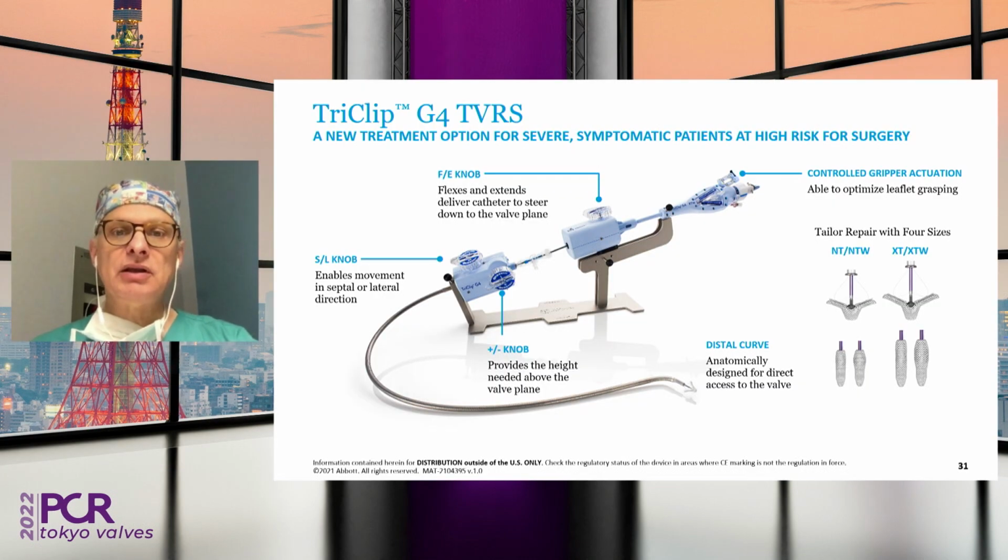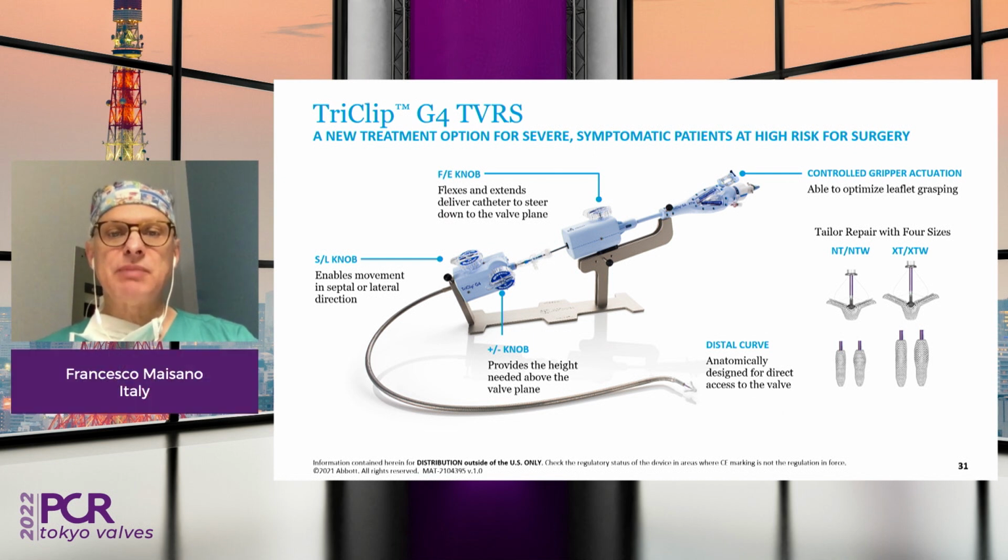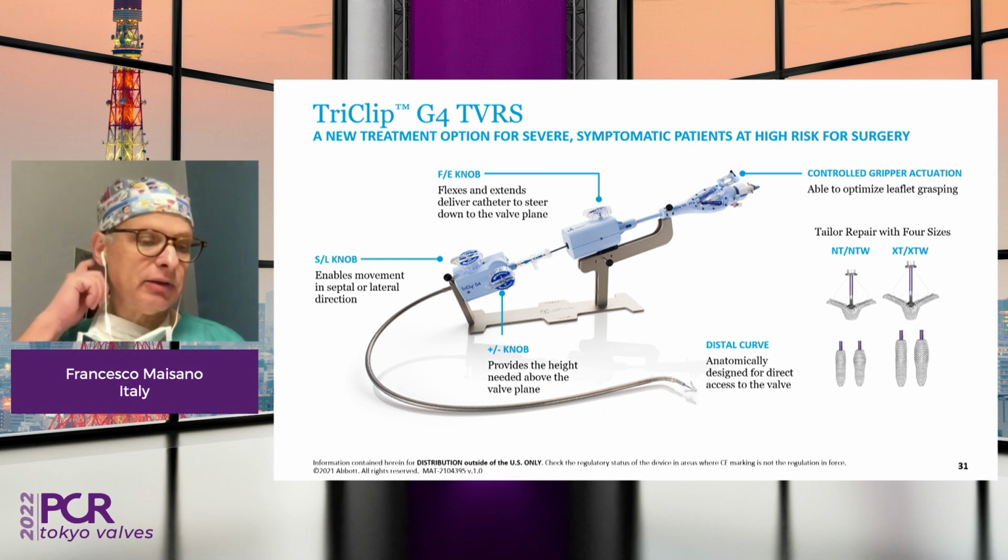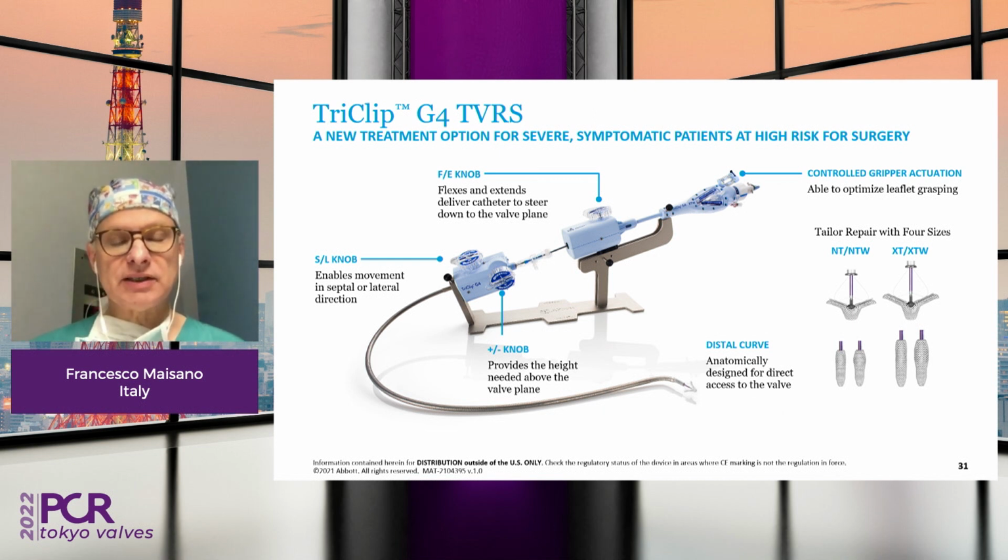And this has been solved with the plus-minus knob, which is actually bringing the delivery system away from the annulus. But the most important, in my opinion, adjustment has been the septolateral knob.